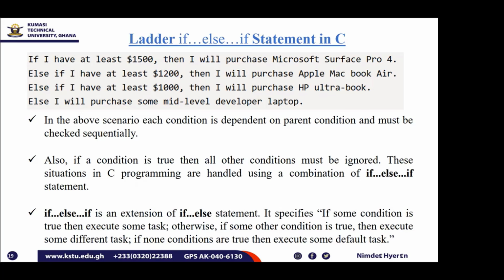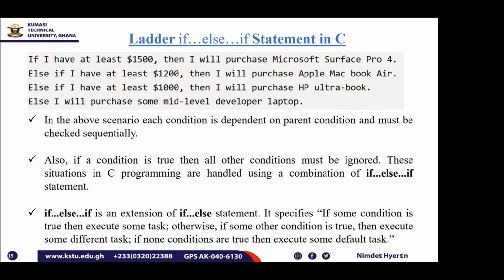Basically, the if-else-if statement is an extension of the if-else statement. It specifies that if a certain condition is true, then execute a task. However, if that condition is not true and another condition is true, execute that task.